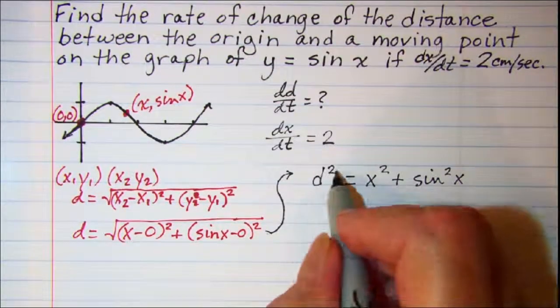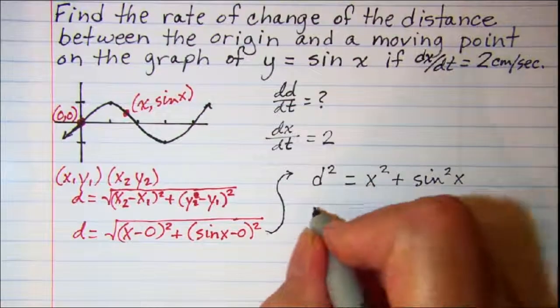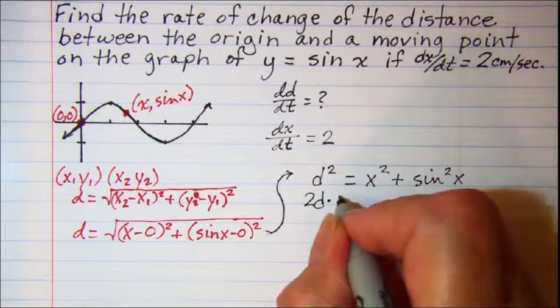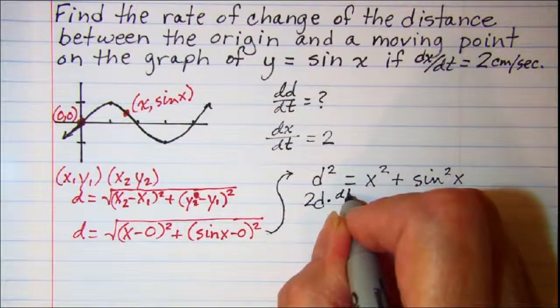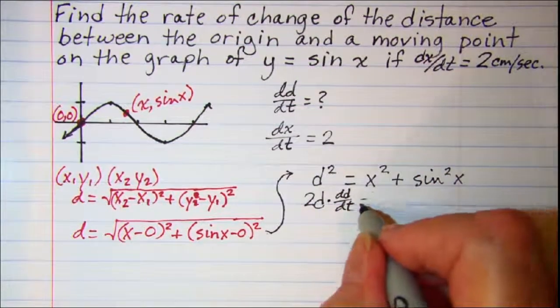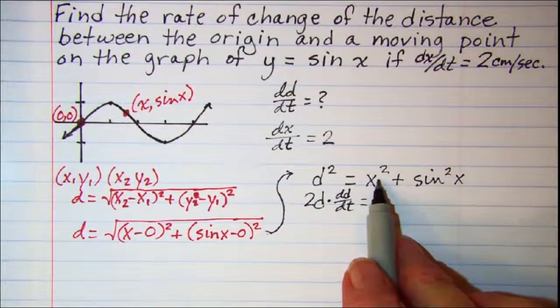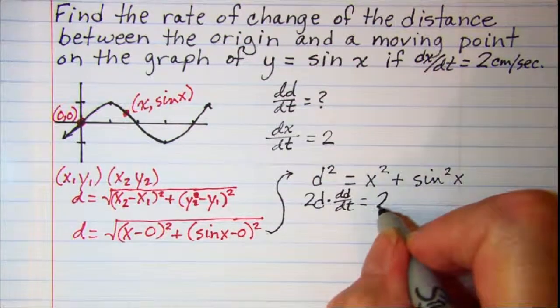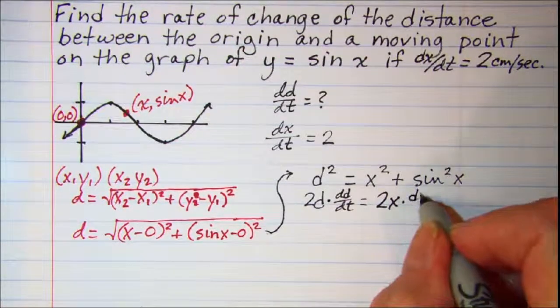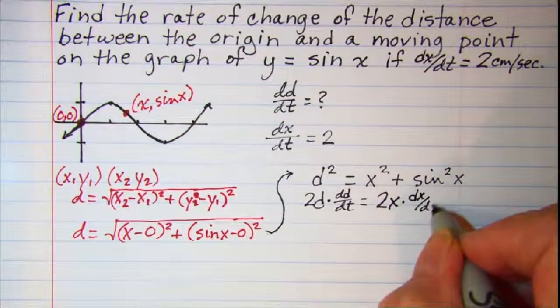So the derivative of d squared is 2d, and then multiply that by dd/dt. The derivative of x squared is 2x, and multiply that by dx/dt.